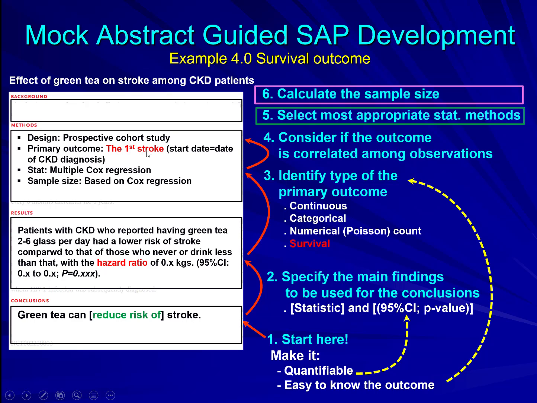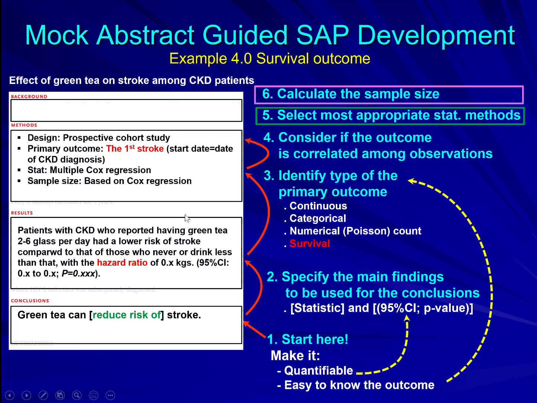Okay, it seems that stroke is dichotomous. Yes, it is. But people who have a stroke very early, like 1 week after diagnosis of CKD, or 1 year or 10 years after CKD, is different. Even the two subjects in my example having stroke. Therefore, if we handle stroke as dichotomous, it's not fair.